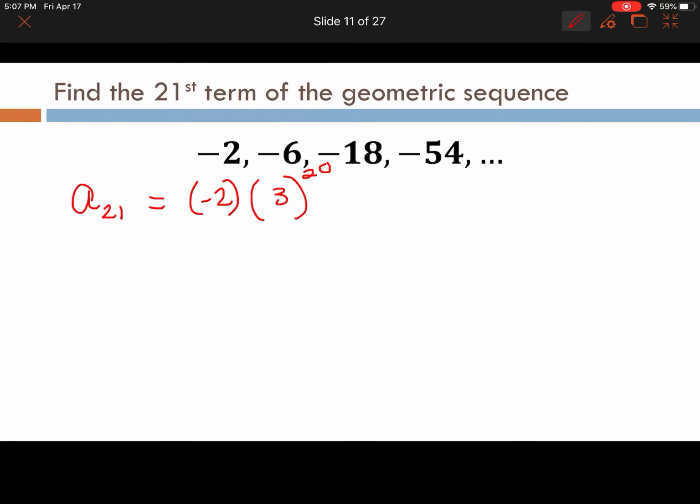So that is a pretty big number. A lot of calculators probably won't do it. We'll see. I think mine will do it.